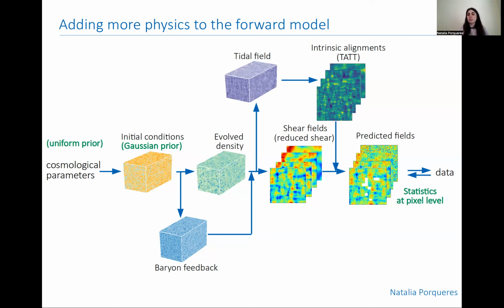Adding these two models, intrinsic alignments and baryon feedback, also requires some more sampling parameters. We have 3 parameters to sample for the intrinsic alignments, and the baryon feedback has 2 parameters that, instead of calibrating them to hydrodynamical simulations, we directly sample so that we can marginalize over them and they are directly constrained by the data.